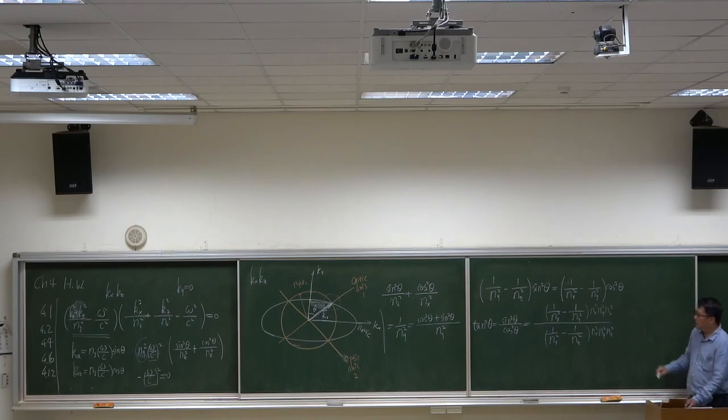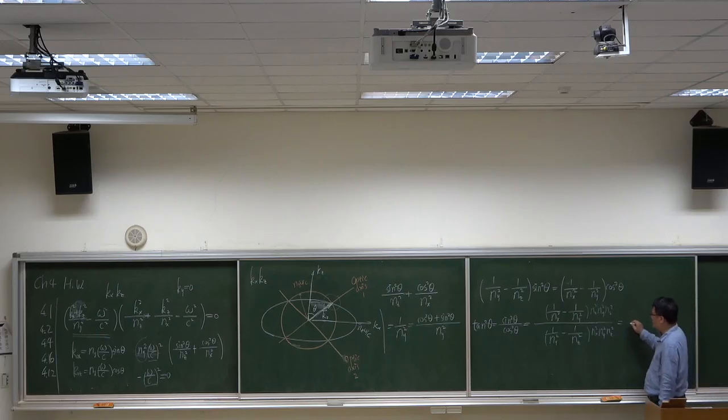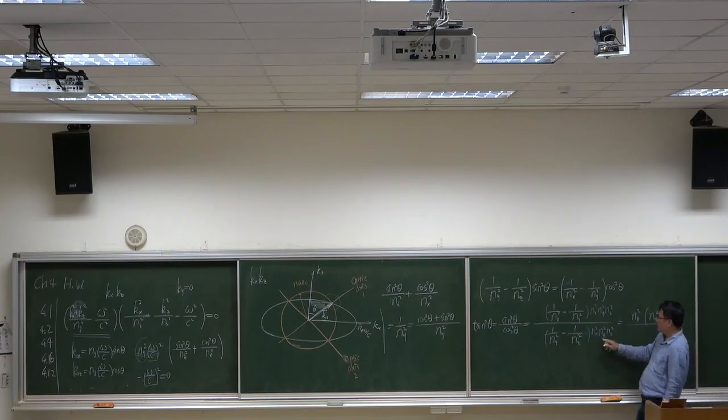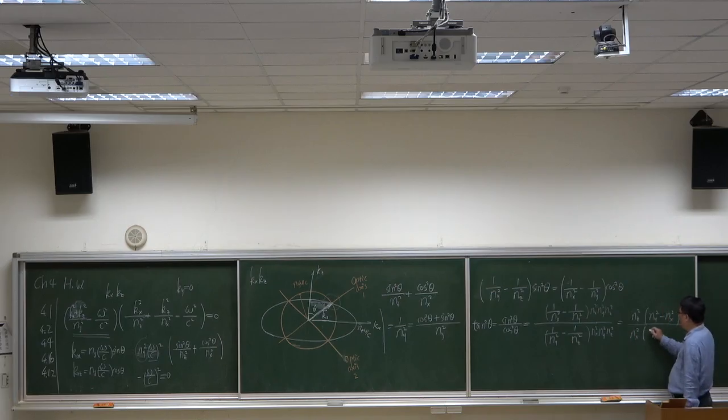Okay, so this gives us nz squared times ny squared minus nx squared. And this gives us nx squared times nz squared minus ny squared. Okay.